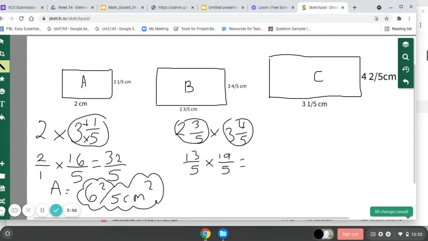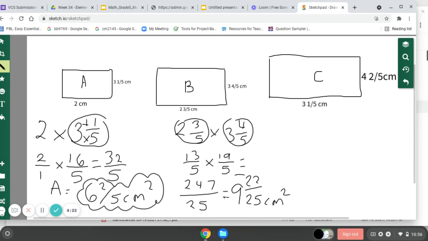And when we multiply across, we get 247 over 25, which, when we divide it, gives us 9 22/25 centimeters squared. So that is the area of rectangle B.